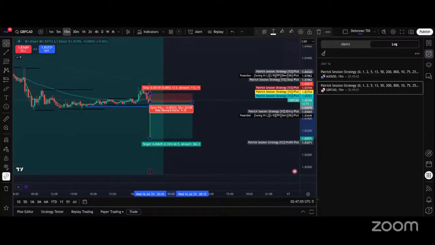Market execution sell. Entry price is 1.83676. Stop loss is 1.83815 for 14 pips. Take profit is 1.83071 for 61 pips with a risk to reward ratio of 4.35.